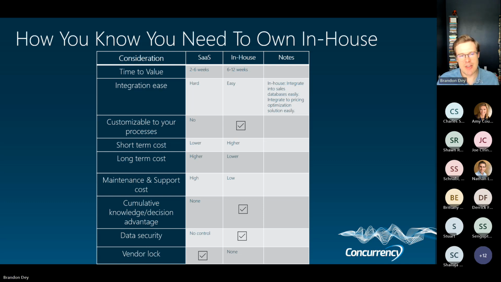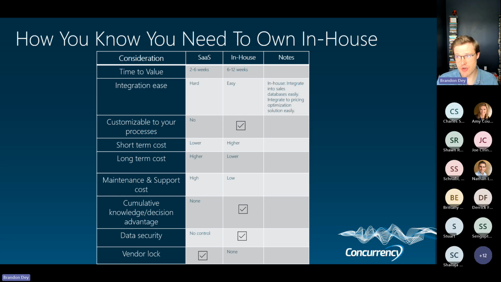On the integration side, though, in-house stuff is much easier to integrate because you've got access to the systems that drive your system already. Much harder from a SaaS perspective. In terms of customization, you can totally customize any of the solution to your data, whereas with a SaaS solution, not so much. That's really important, as you can imagine, when it comes to using price information, right?